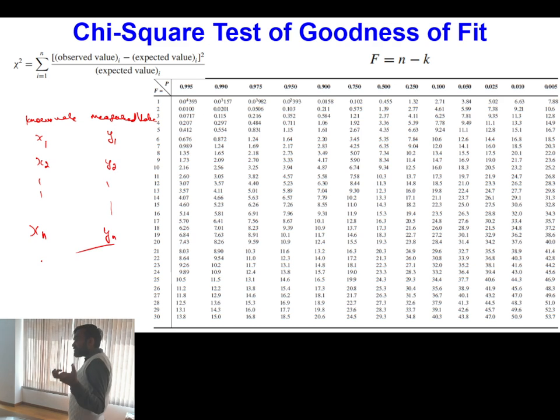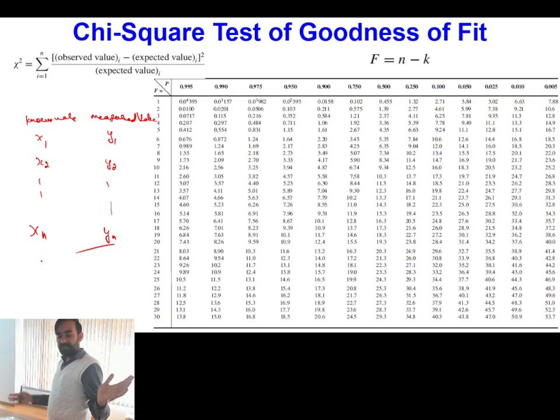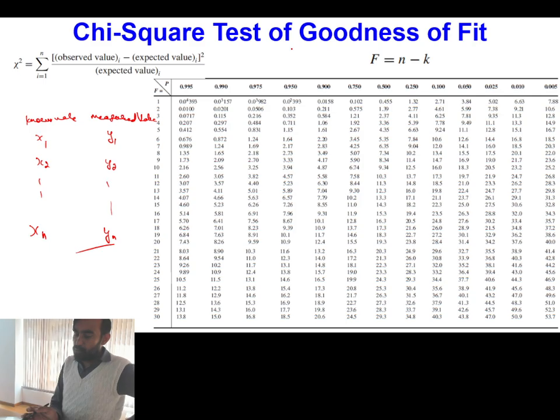Now if you have to estimate whether the known values and measured values have a good correlation with each other or not, how can we test that? Okay, so to test that we typically do the chi-square test.